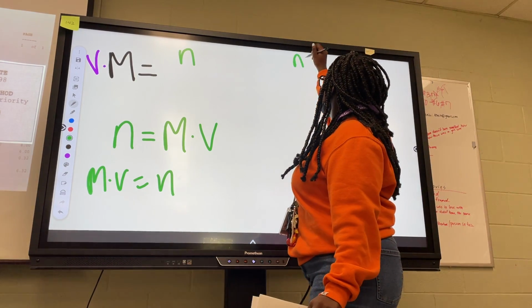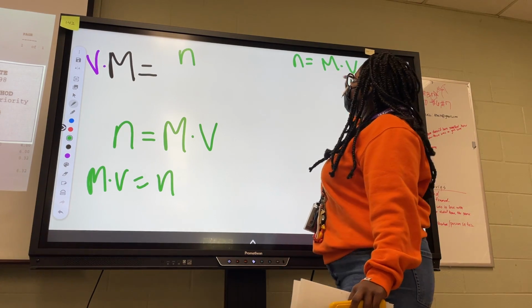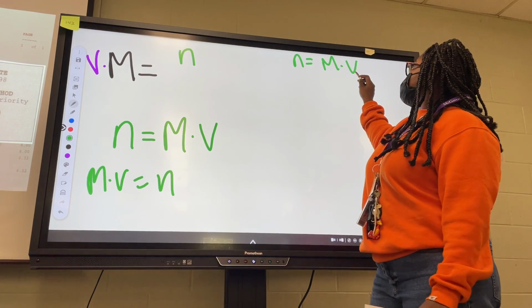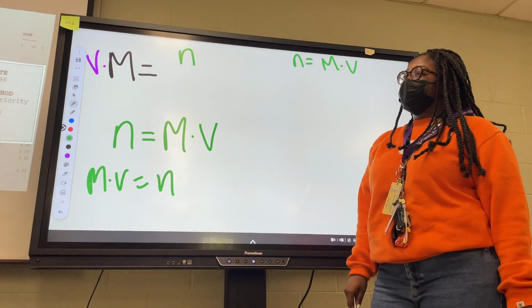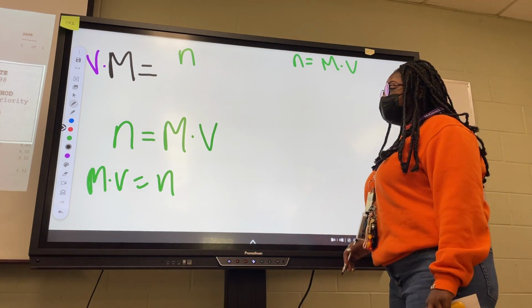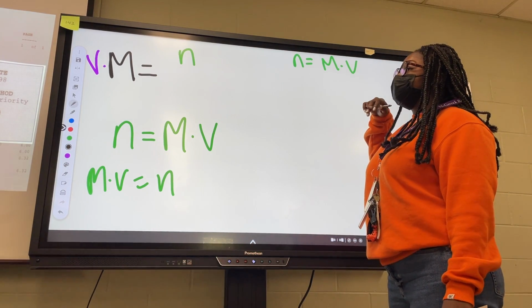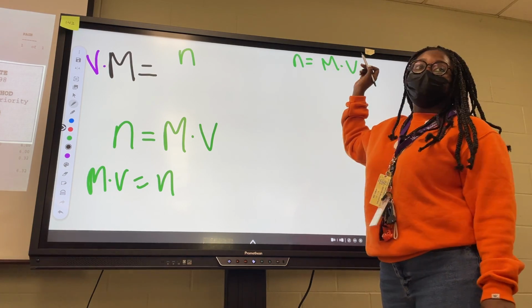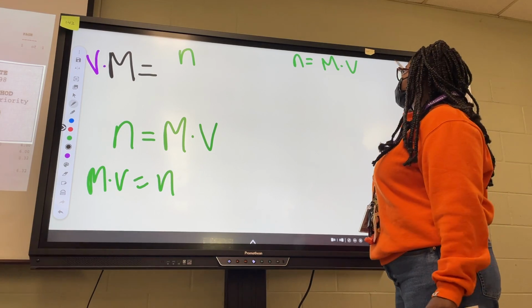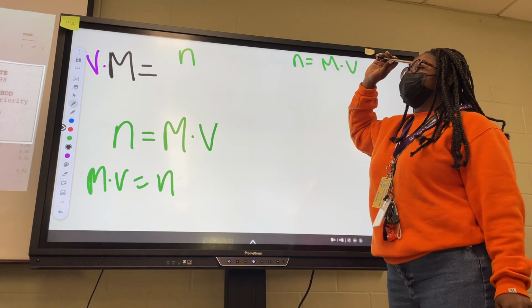Now, Hayden, solve this formula for V. How can I get V by itself? What's keeping it from being by itself? M. What is M doing? What's keeping V from being by itself?